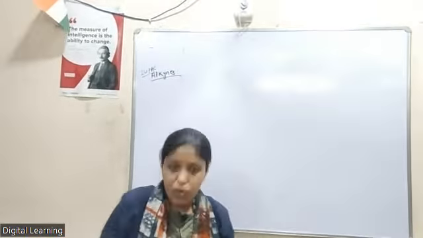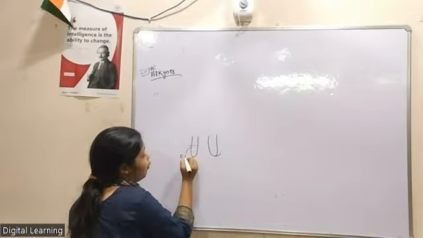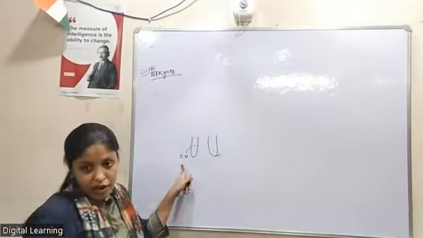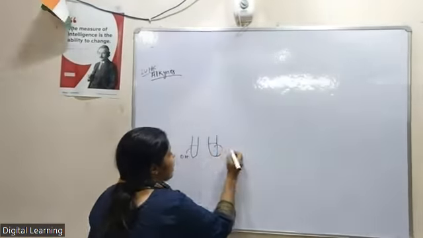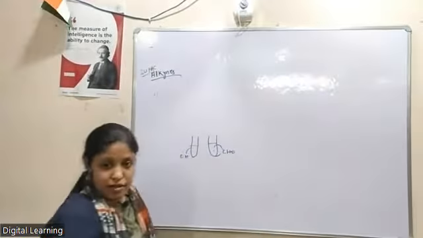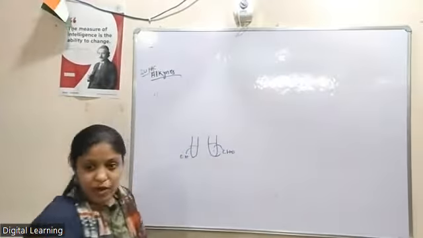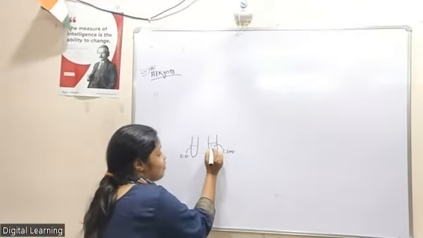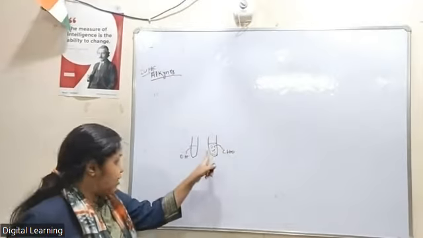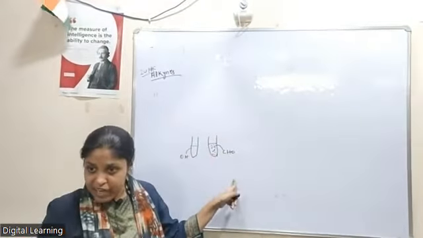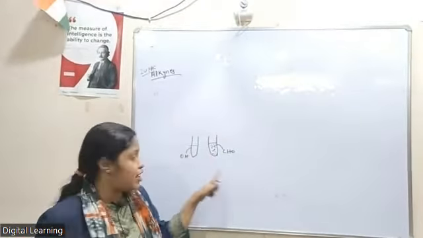In one test tube there is an OH group, meaning alcohol. In the other test tube there is CHO. In this solution, the CHO or aldehyde group is present, and in this solution the OH or alcoholic group is present.